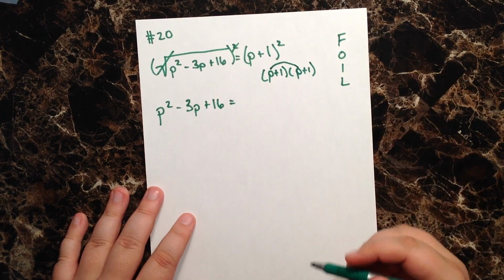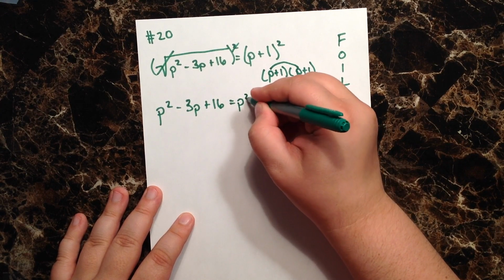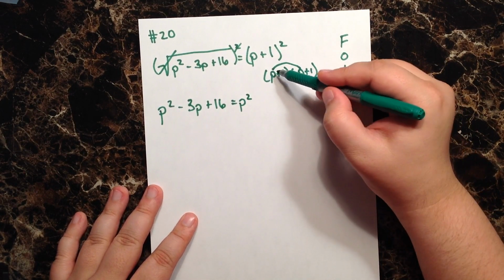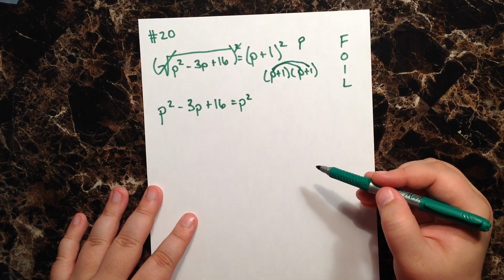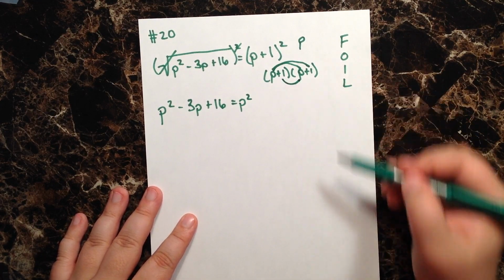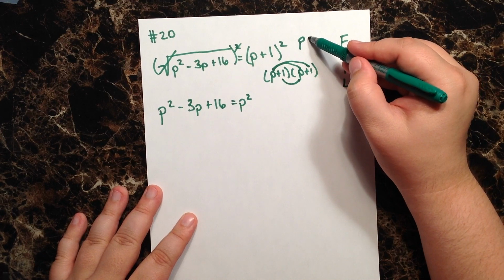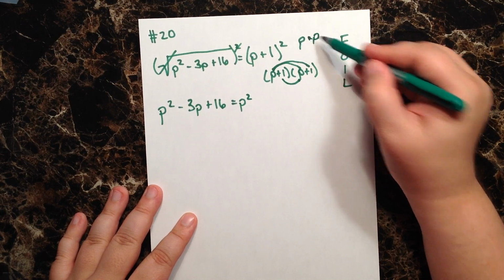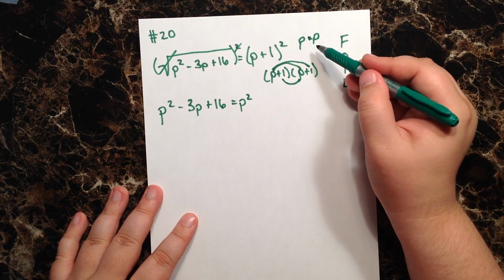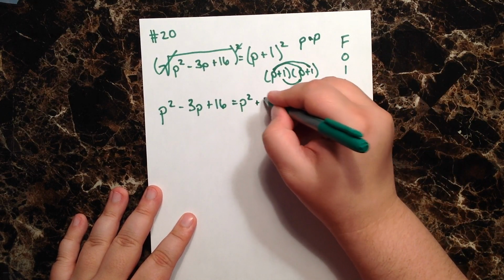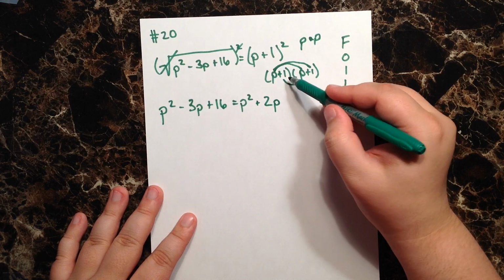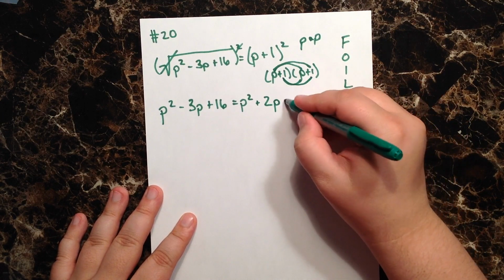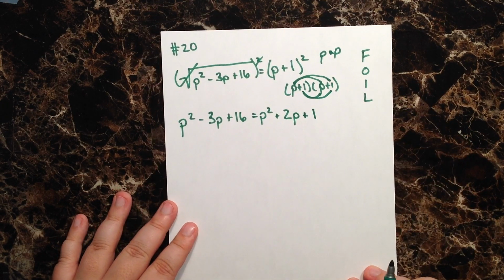So p times p gives me p squared. P times 1 gives me simply p. And then 1 times p gives me another p. And p plus p is 2p. And then lastly, 1 times 1 gives me 1.